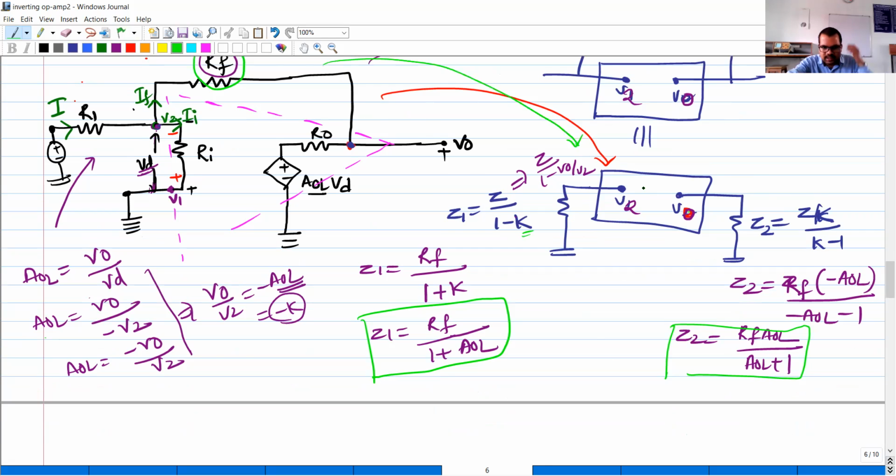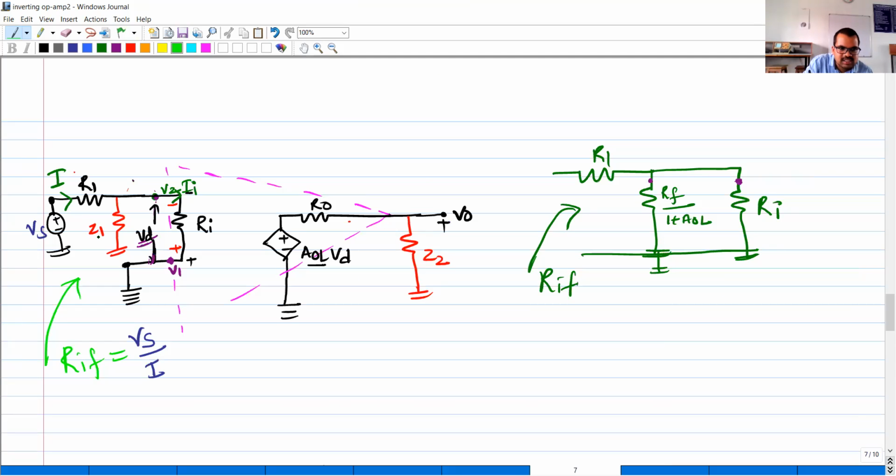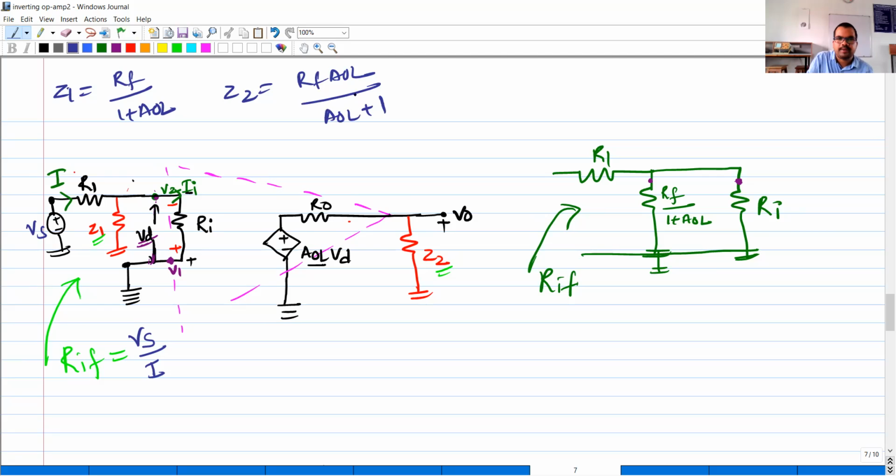So the figure becomes, see here, this is Z1 and this is Z2. Just now we calculated Z1 is equal to RF by 1 plus AOL, and Z2 is equal to RF AOL by AOL plus 1.